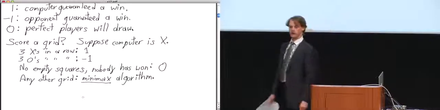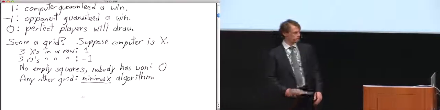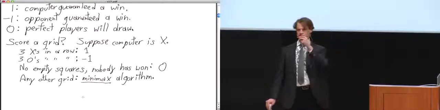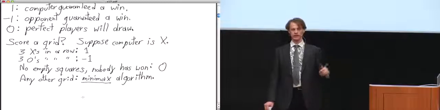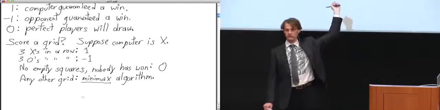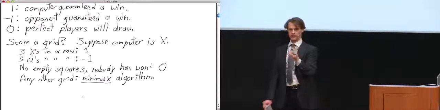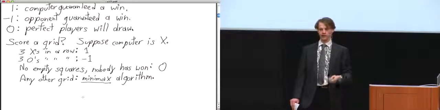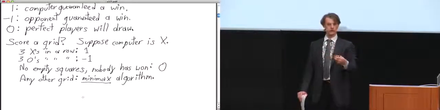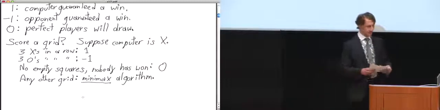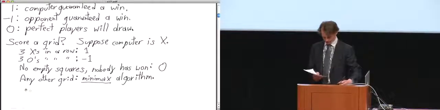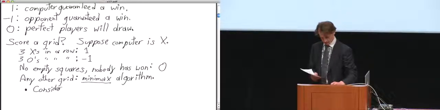So let me explain how the minimax algorithm works. You take a grid and you expand all of its children. So in that tree that I drew at the very beginning of the lecture, you're going to take a grid and you're going to figure out all the different moves you can make from that grid and expand out a bunch of children that show what happened when you make each of those moves. And then, all right, so you consider each possible move.